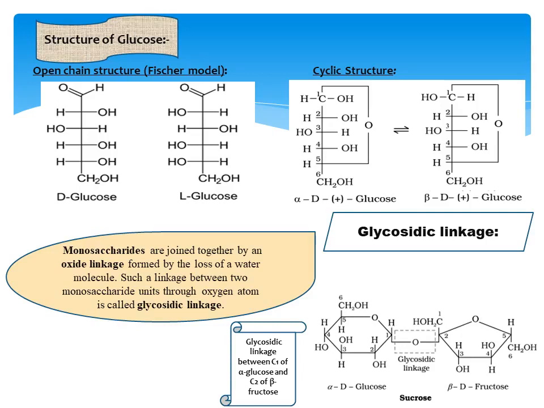You can see here how we have achieved the ring structure without greatly altering the structure of glucose. It can be explained by the open chain structure of glucose, which I have also given on the left hand side. It was first proposed that one of the OH groups may add to the CHO group and form a cyclic hemiacetal structure.